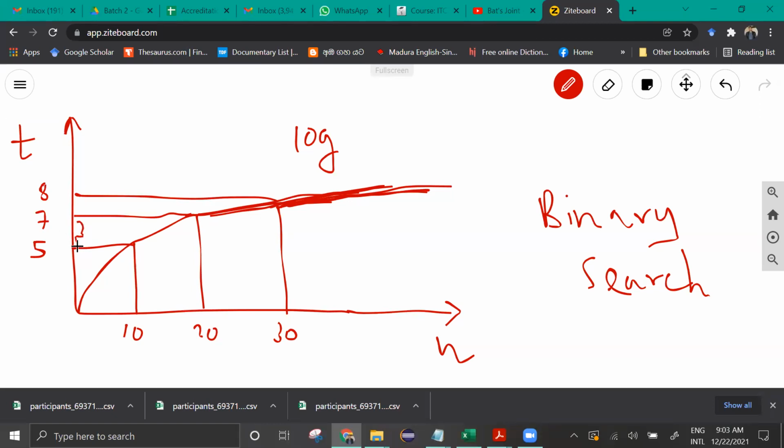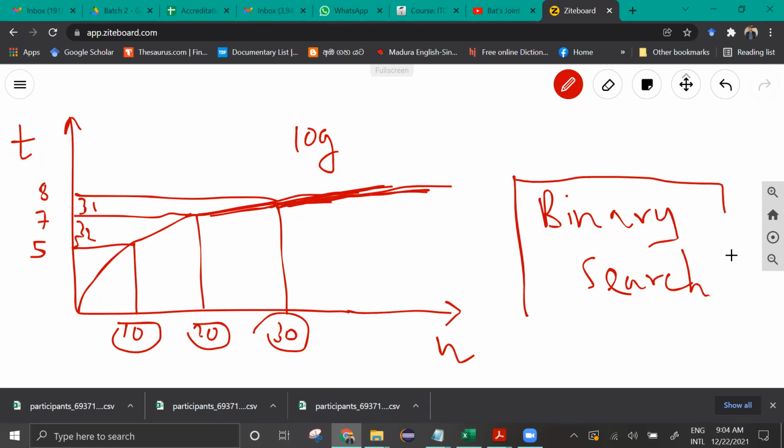So the change is 2 here and just 1 here. Likewise, it is different compared to these variations. So binary search is one example of this.